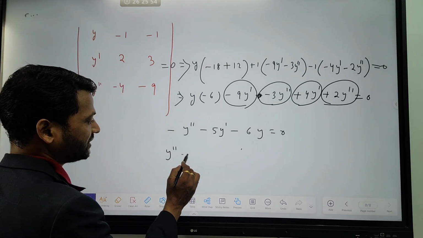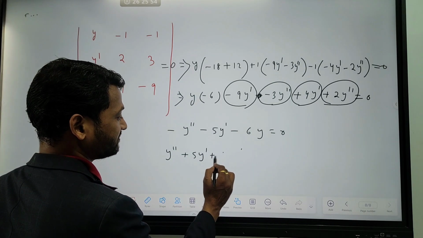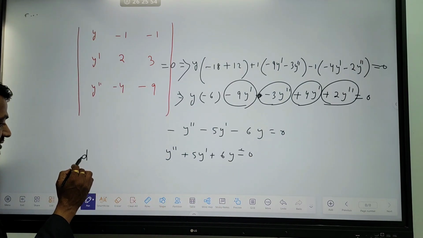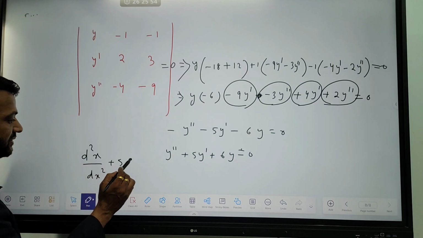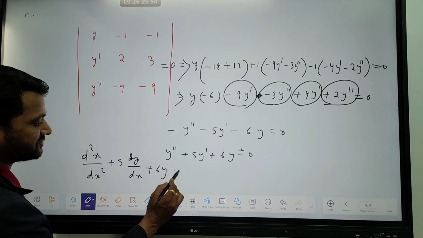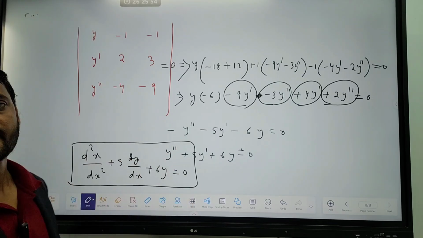So I can write y double dash plus 5y dash plus 6y equal to 0. So what is your differential equation? d square y by dx square plus 5 into dy by dx plus 6y equal to 0. This is your final differential equation.